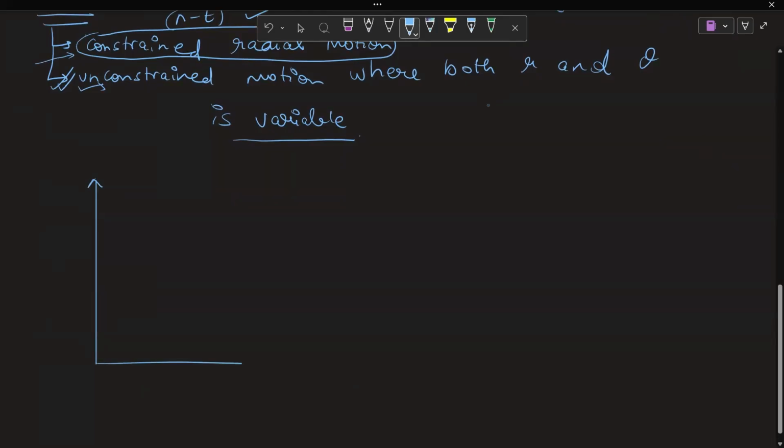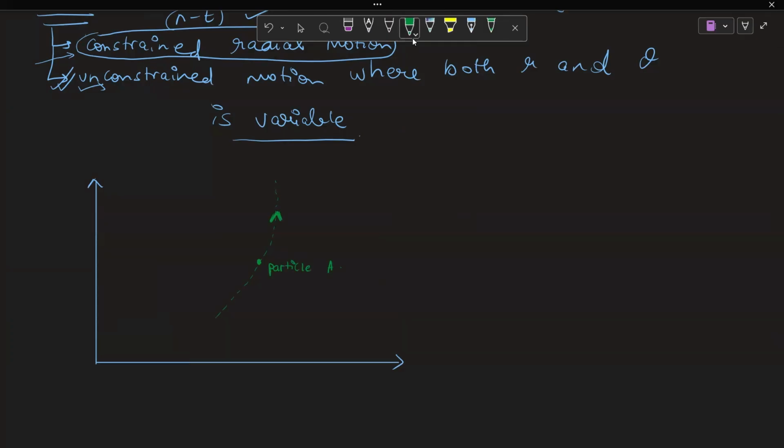So let's consider our plane, and this is the path which is traveled by a particle. Let's say particle A. The particle is moving in this path.